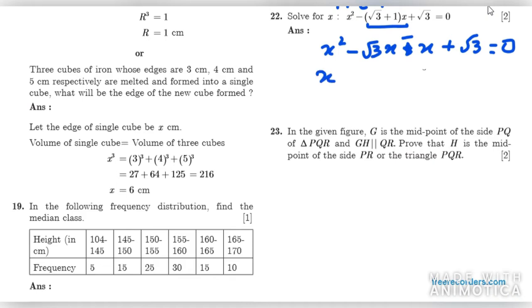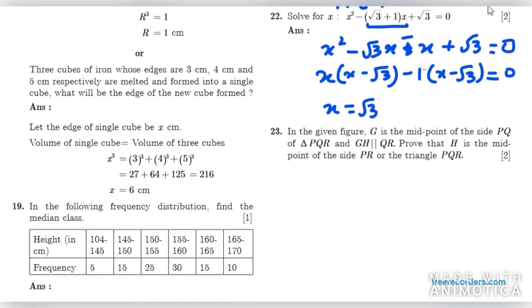So taking x common from the first two terms, we are left with x minus root 3. From the next again we can take common 1, so we are left with x minus root 3 equals 0. So we have two values, that is x minus 1 and x minus under root 3. So x is under root 3 and another x is positive 1.